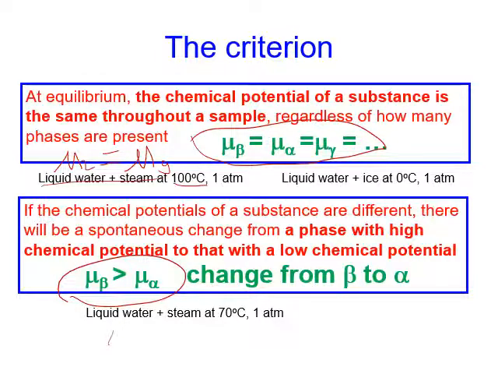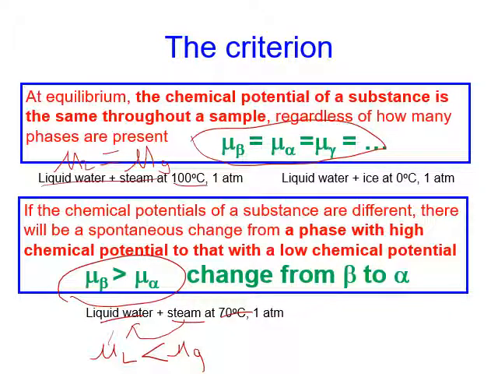If two phases are not in equilibrium, the phase transition will occur from high chemical potential to low chemical potential. And therefore, if you have two phases, liquid water and steam, at 70 degrees, we know steam will automatically condense into liquid, and this criterion tells us that the chemical potential of steam, or the gas, must be greater than the chemical potential of the liquid water, so that there's a spontaneous change from gas phase to the liquid phase.